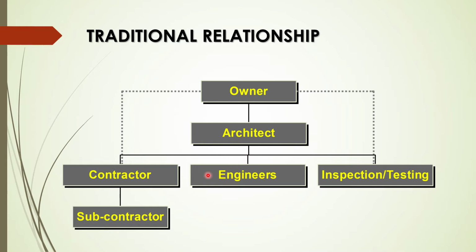Okay, and then typically there's the contractor, and the inspection and testing would all fall underneath the architect, and typically the contract would be through the architect, but sometimes we may go directly through the owner. So a lot of times the architect handles this, and then some subcontractors obviously fall underneath the contractor. So that's kind of like a traditional relationship.